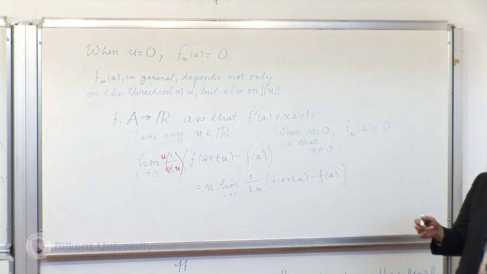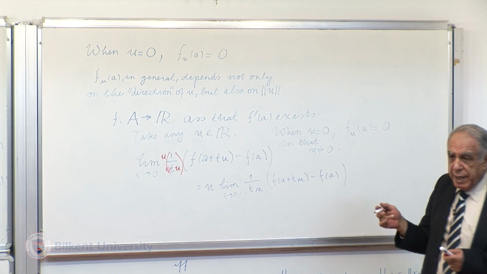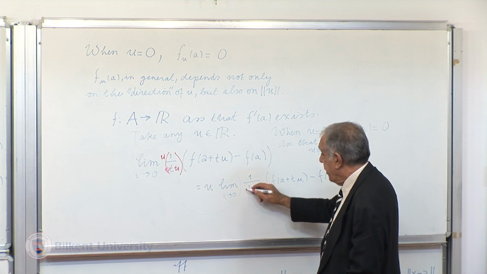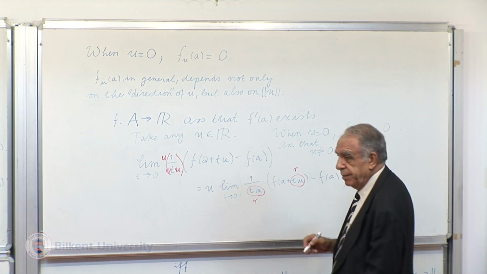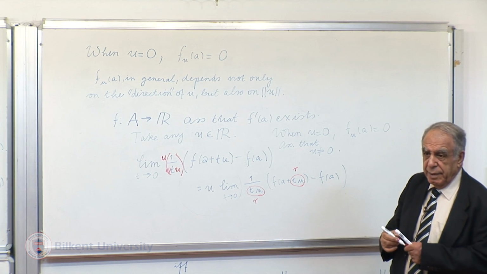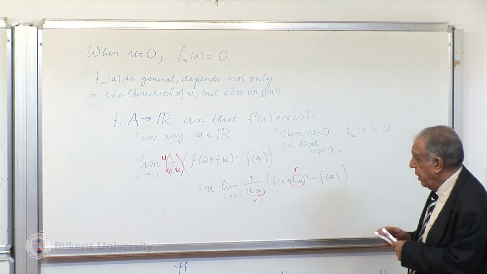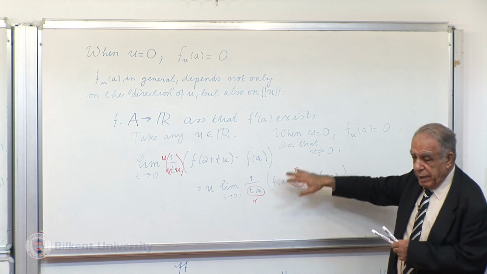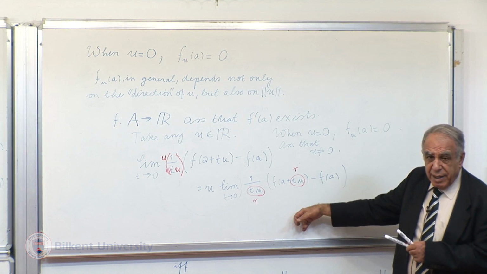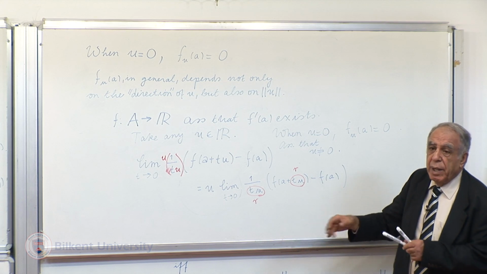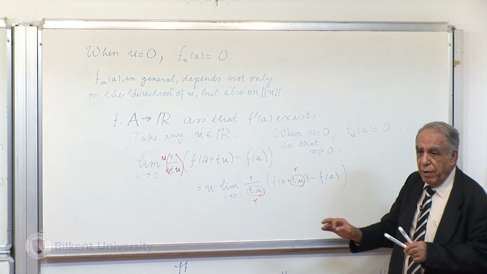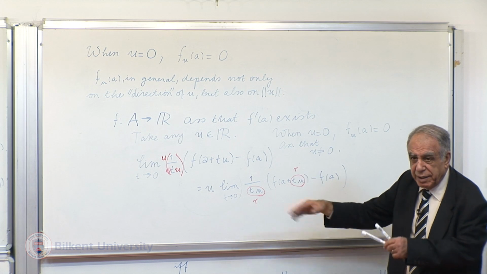Now let me make a change of variable here. Let me write this r and this r. From calculus we know, and as I said, the conclusion that we will obtain here we will prove in full and formally for the general case.